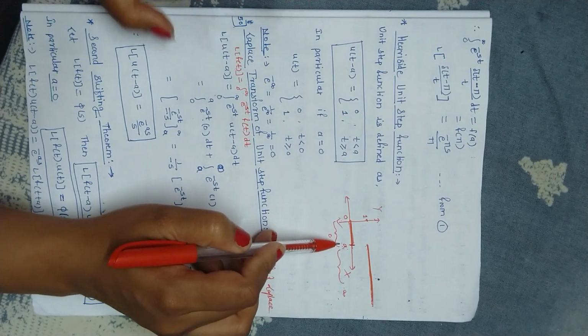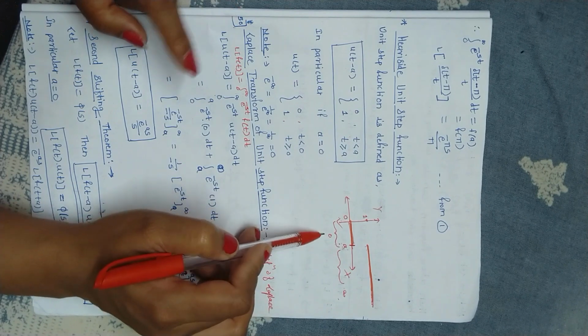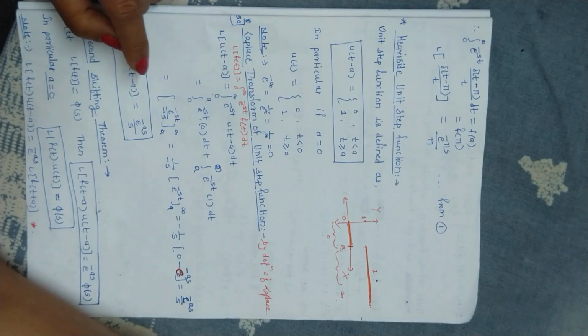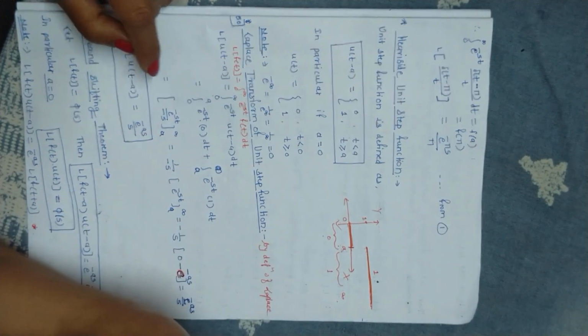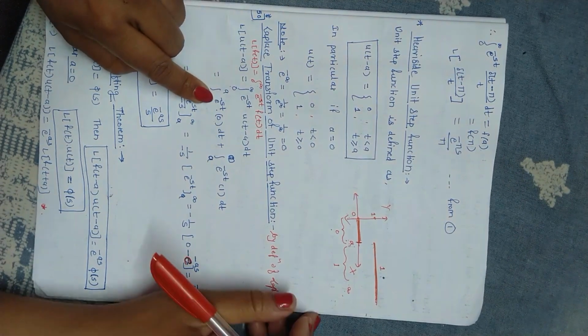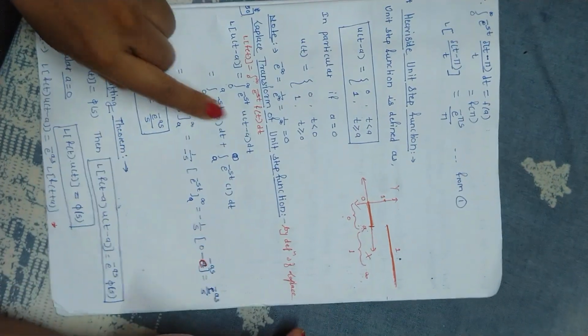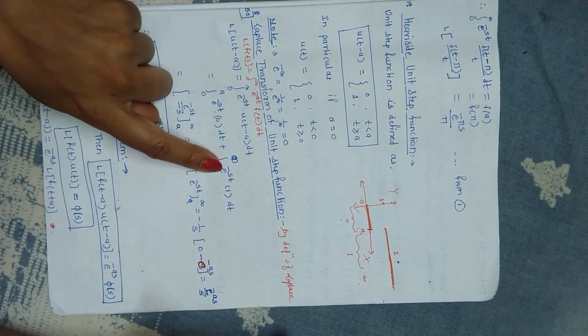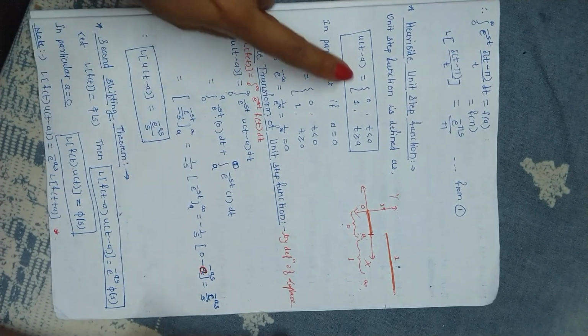In 0 to a we put the value of the function as 0. In a to infinity we put the value of the function as 1. Therefore 0 to a, e raised to minus st as it is, and the value of the function is 0, dt, plus a to infinity, e raised to minus st as it is, the value of the function is 1.